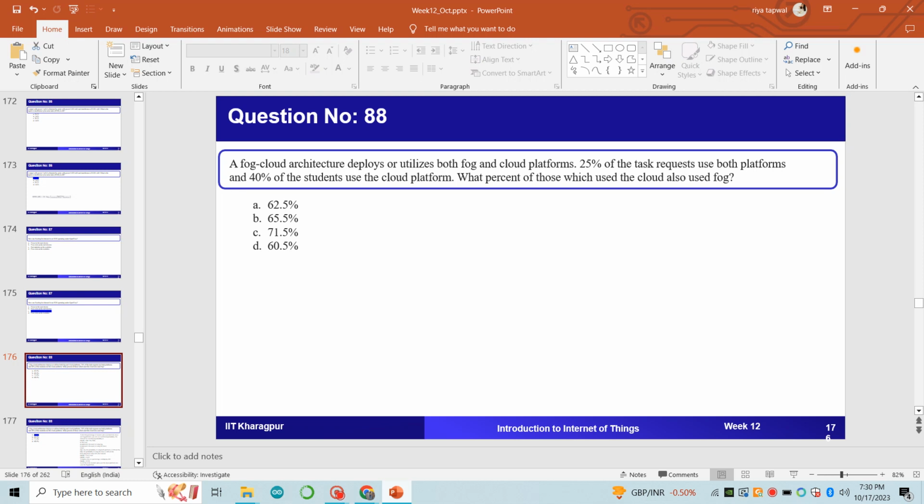Those who are using cloud, the probability of cloud, is 40%. Now you have to calculate the probability of those which used cloud also used fog. Ma'am, A, 62.5. Okay, anyone else?